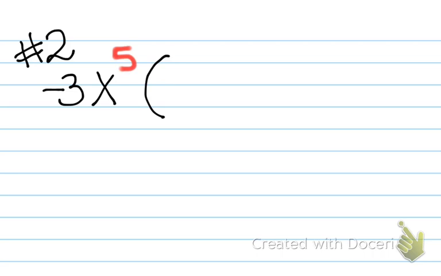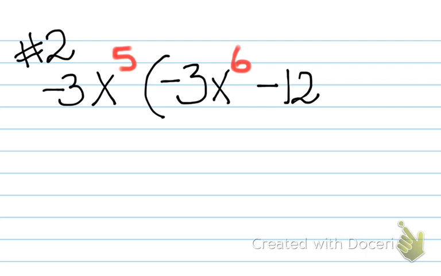The first polynomial is -3 coefficient, x to the 6th power. That's the first polynomial. Now we have another one. The second polynomial has a coefficient of -12, and x is raised to the 4th power.